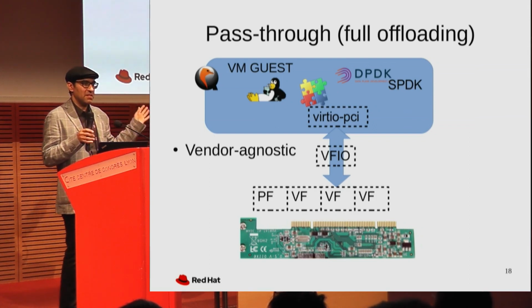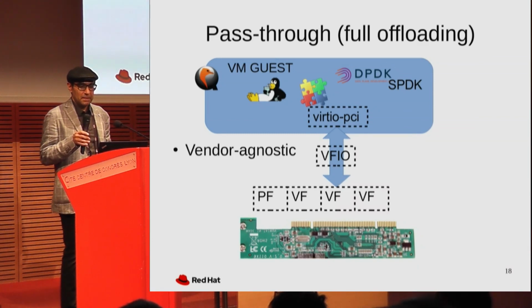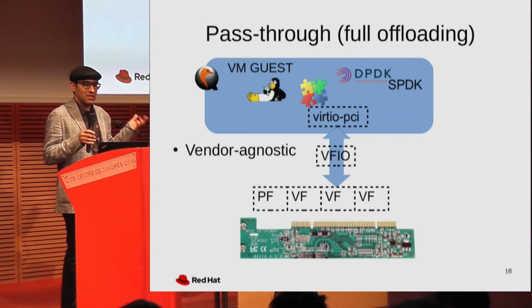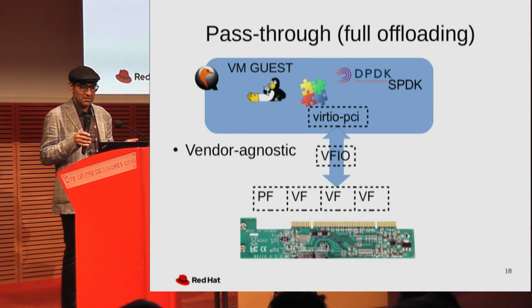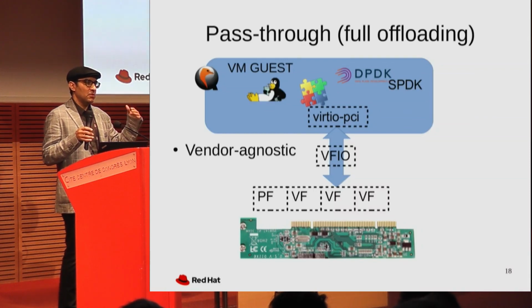No vendor-specific tricks, nothing. And I think some people did, and it works for them. So that's great. One of the names for this is full offloading, because you put both the configuration parts and the data path operation all in hardware.